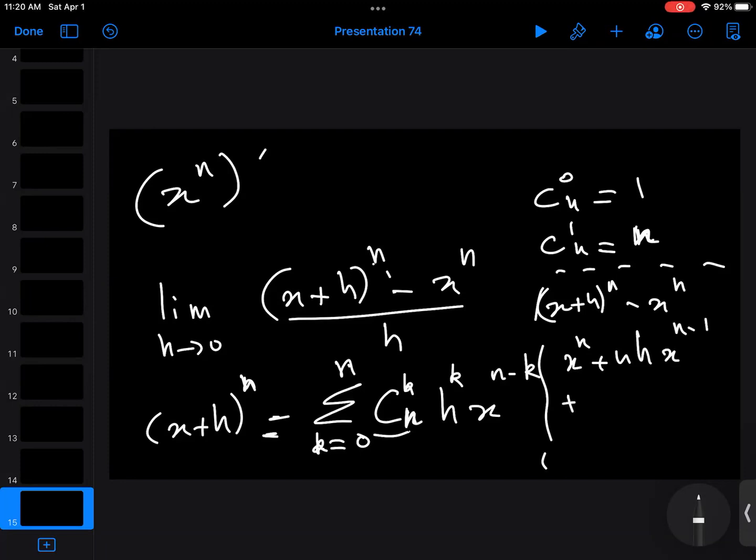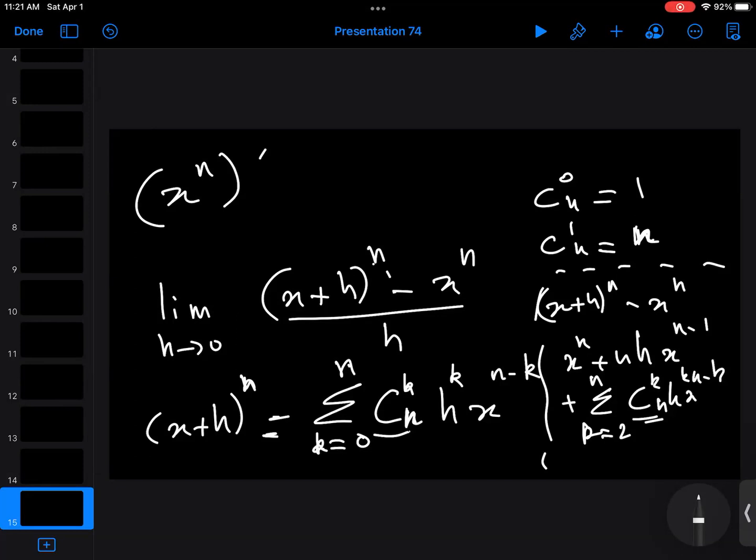And then plus the sum from k equals 2 to n, because I already wrote k equals 0 and k equals 1, of C(k,n) h to the power k x to the power n minus k. Those are, again, positive numbers. I don't care here about the exact value. We can discuss that another time if you want.